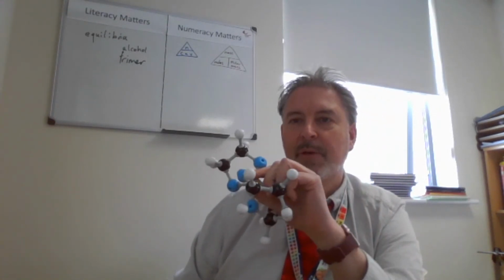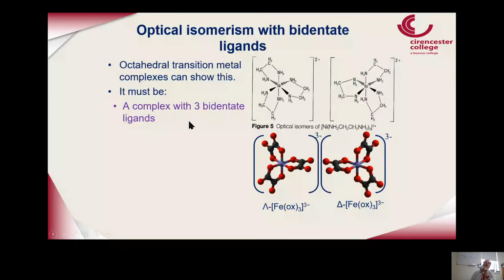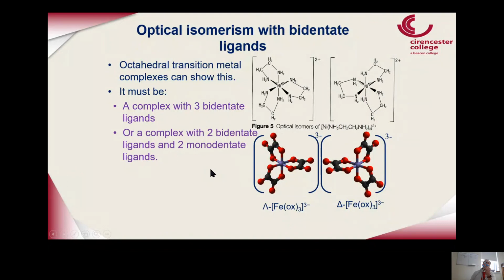Yes, let's show that again. So yeah, must have 3 or 2 bidentate and 2 monodentate. So let's take this off, and let's put 2 waters on. So we'll use the reds to get oxygen.